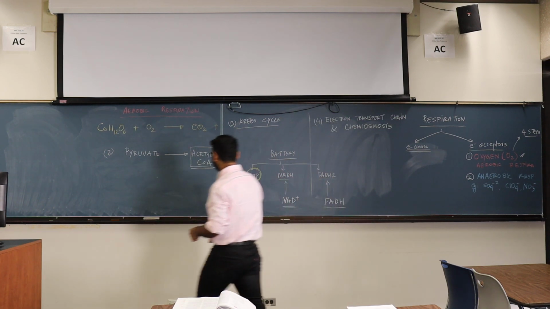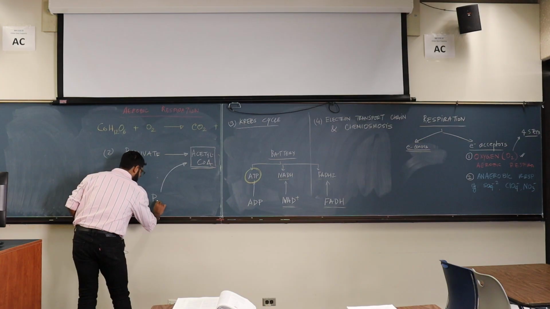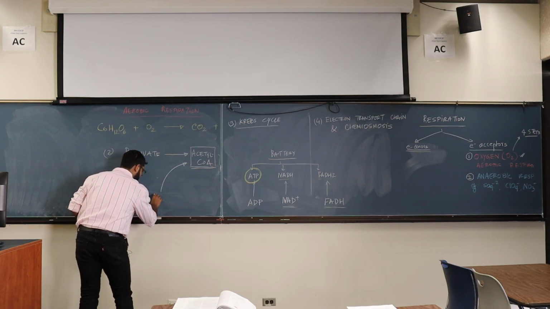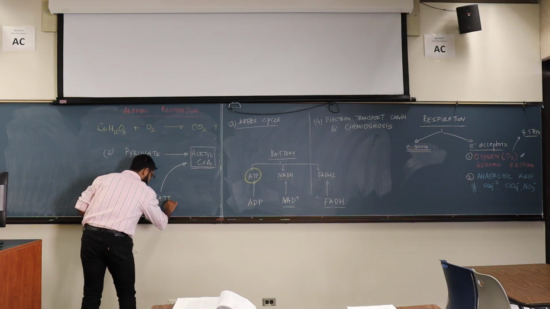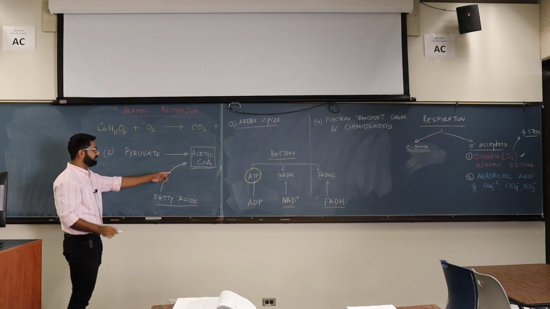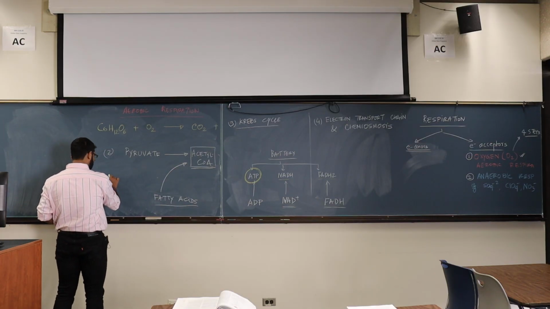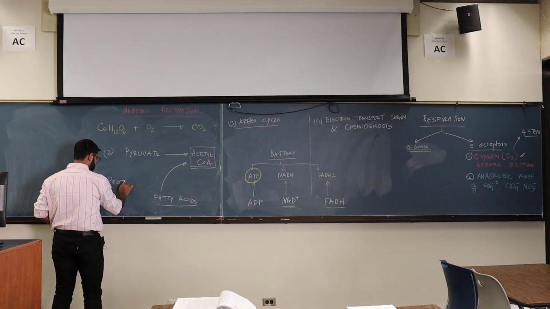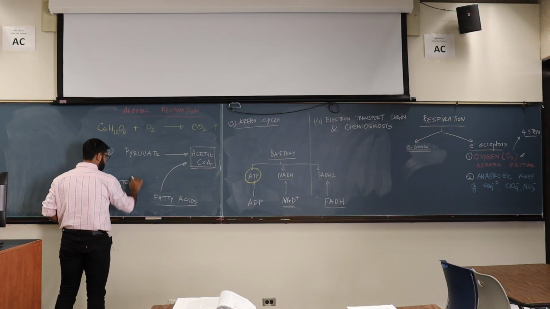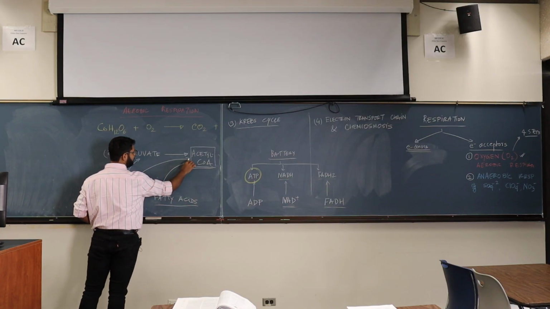So you can have fatty acids that can directly produce the acetyl-CoA. You can have proteins that can go to pyruvate and then do this, or it can directly come here.